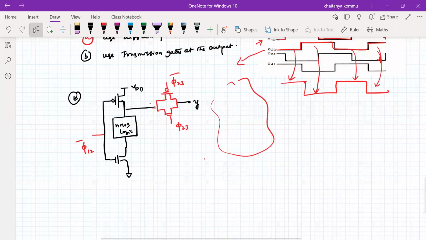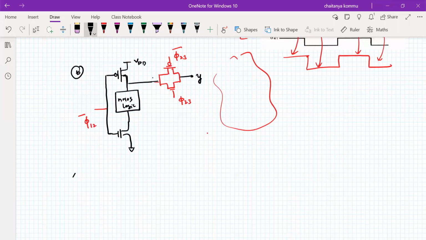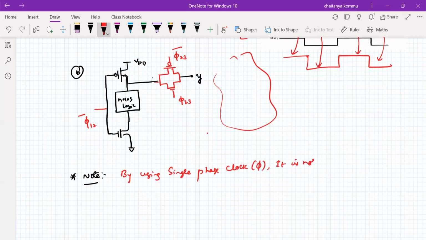So what is the main conclusion that we have to draw here? Note that by using a single-phase clock, it is not possible to cascade dynamic logic circuits.